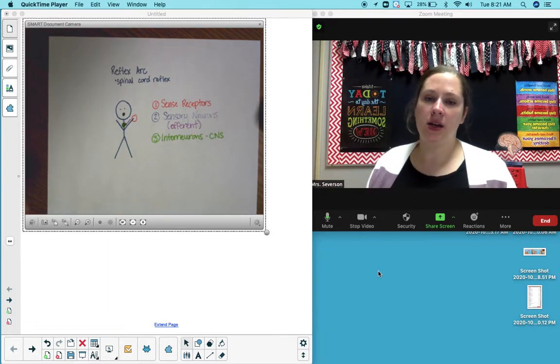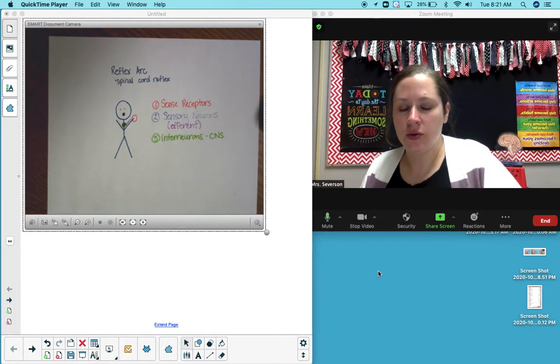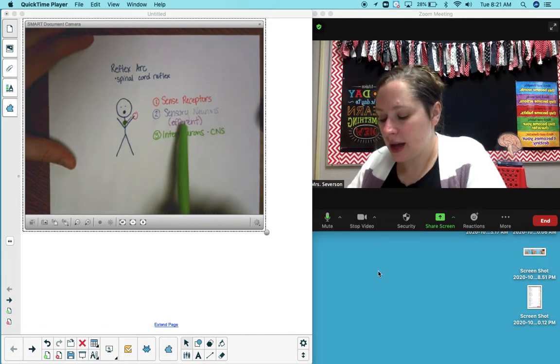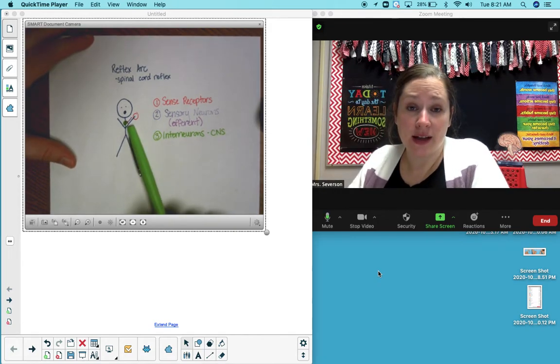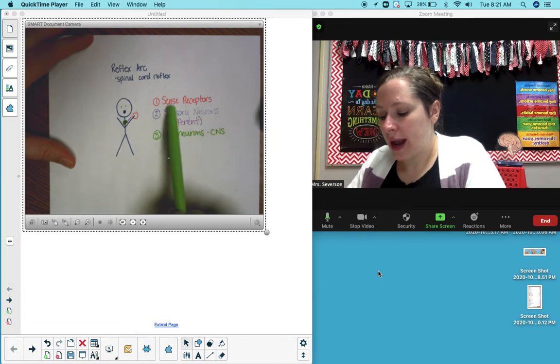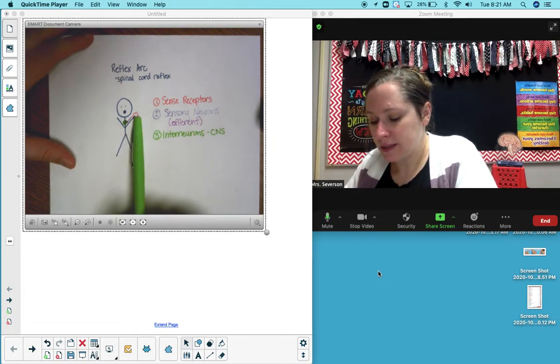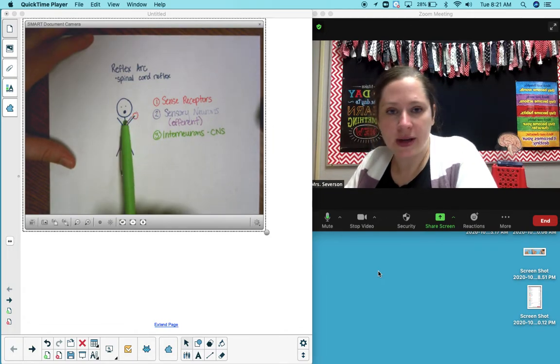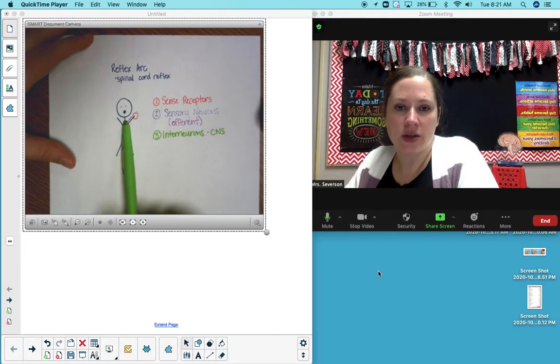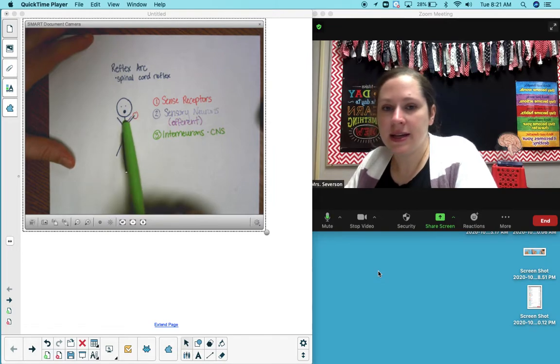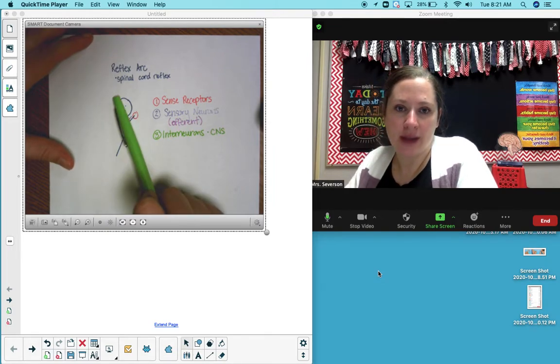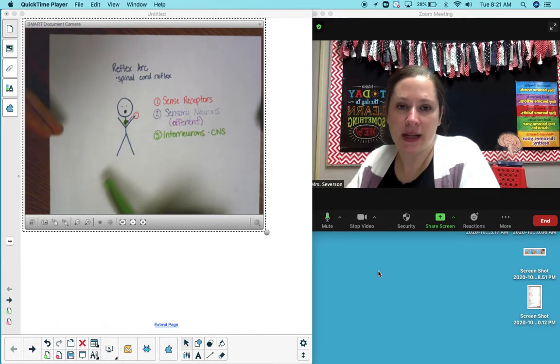So what's happening here is that your spinal cord is going to activate this spinal cord reflex. So what happens here is the sense receptors pick up something hot. Those sensory neurons are going to carry it to the interneuron, and then the interneuron is going to automatically route it back to your motor neurons as it is routing the information to the brain. So essentially what's happening is it's splitting the message.